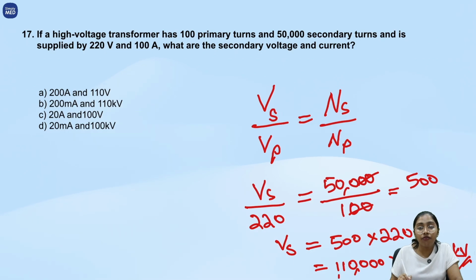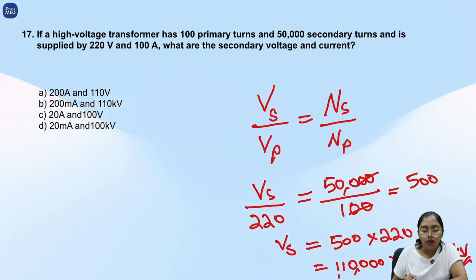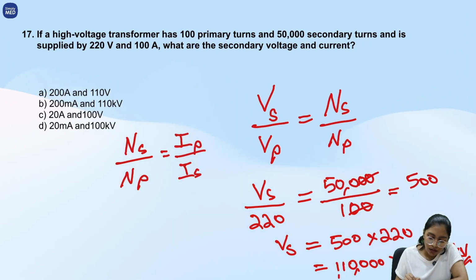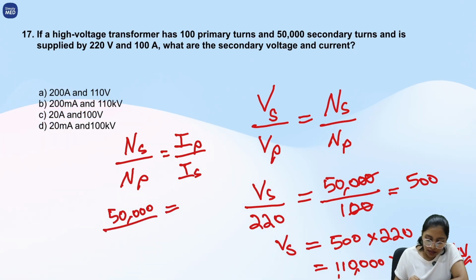Now we also have to find out the secondary current. To find out the current in secondary, we can use the equation Ns by Np is equal to Ip by Is. So secondary turns is 50,000 divided by primary turns is 100.